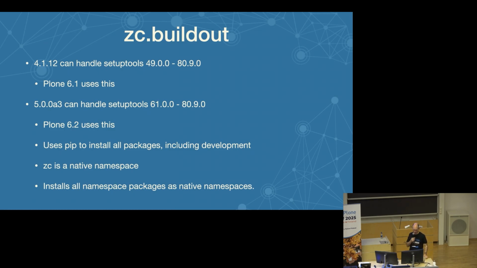And then zc.buildout 5, as an alpha release, can handle setuptools 61 and higher, and is used by Plone 6.2. This has some bigger changes. This uses pip to install all packages. Pip was already being used in some cases.